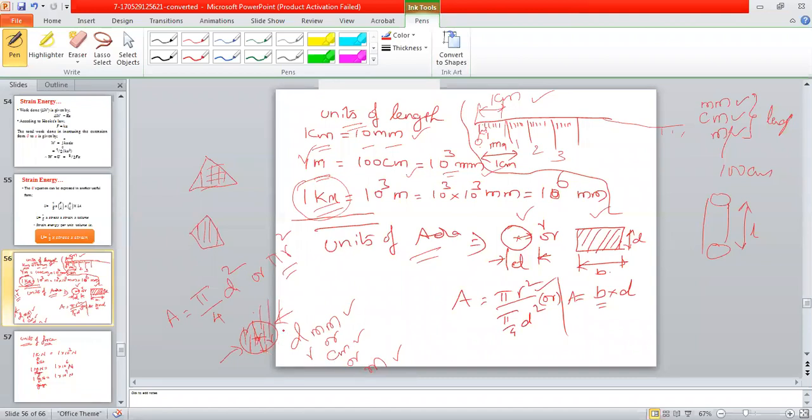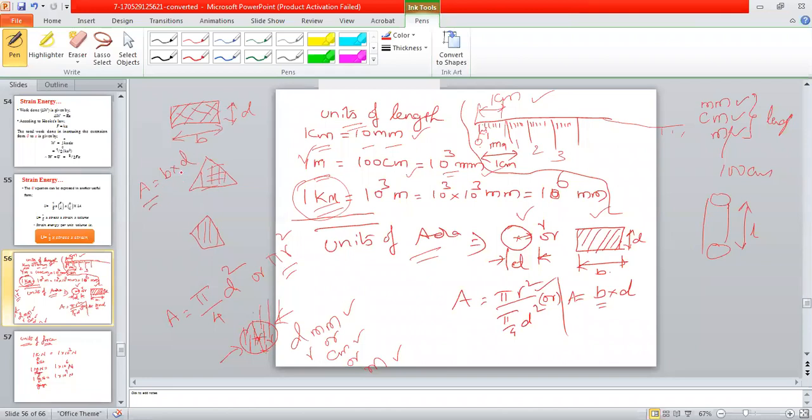And the second one is the rectangular cross-section. The rectangular cross-section has its width, which is b, and its depth, which is d. Therefore, area can be measured as b into d for a rectangular cross-section. What are the area units?